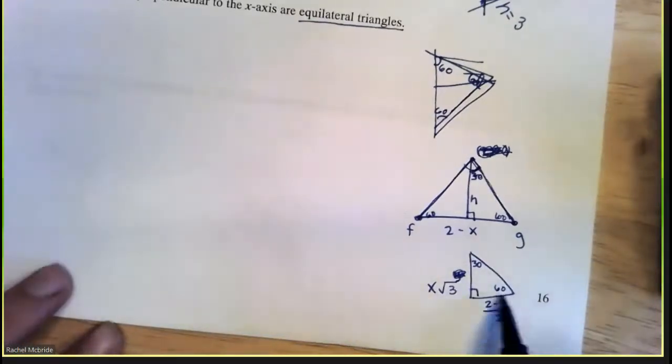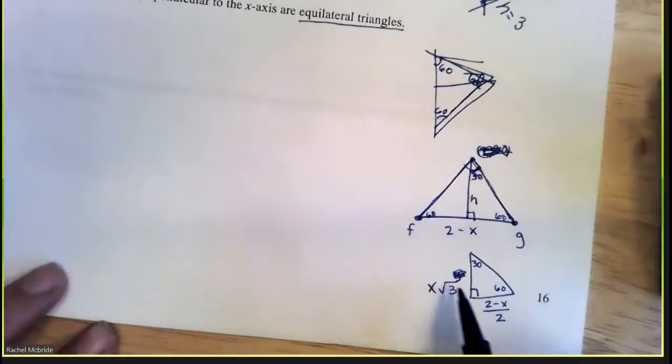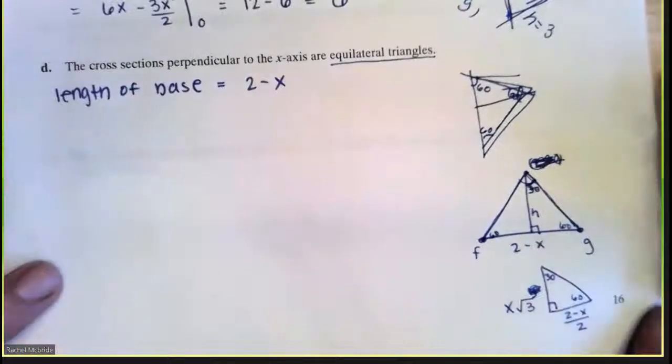So that takes you back to our y value. I didn't want it to be confusing. So if this is x, then the length of the base would be equal to 2 minus x.